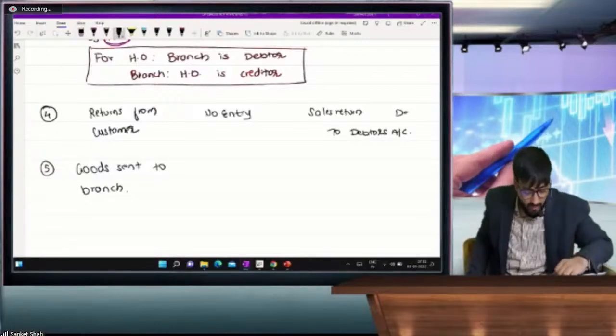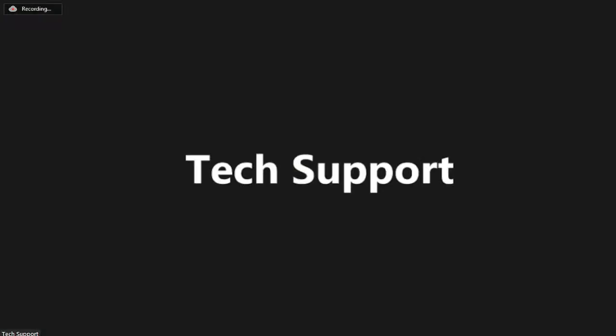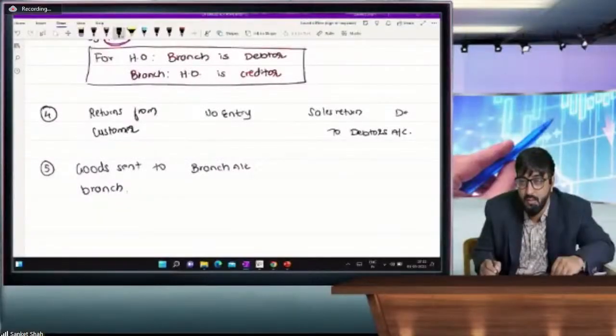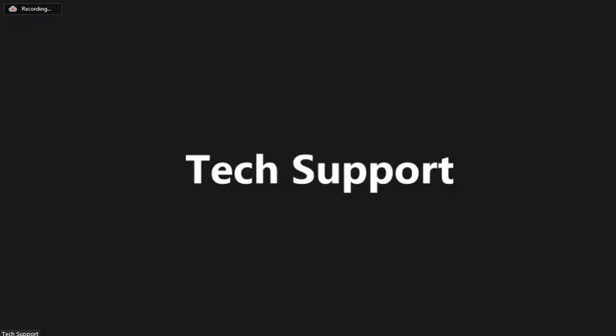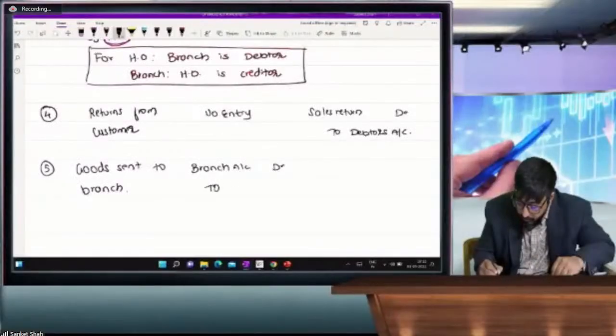Goods sent to branch. Head office. Consolidated financial statements as on 1st April 2021. Okay, Ram ji, please mute your mic. So the first thing is branch account debit to goods sent to branch.